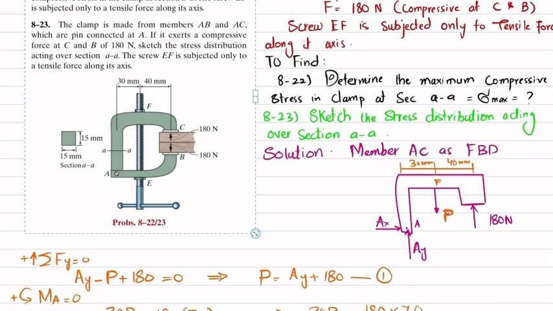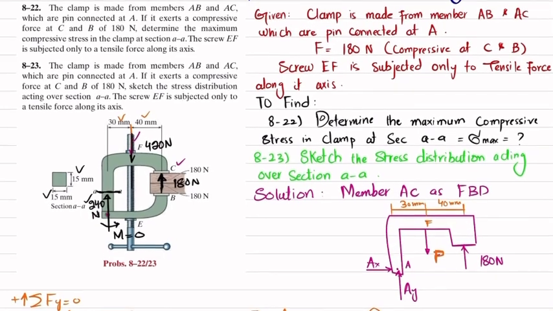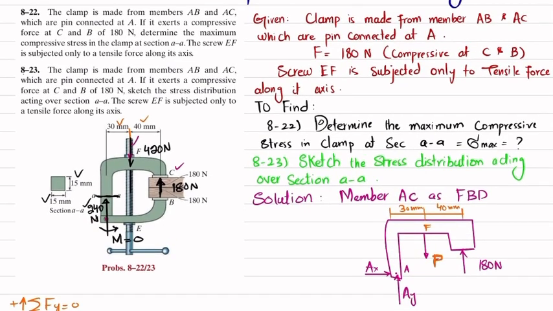Clear? So again, in our problem 8-23, the statement is the same, but it is given that we should sketch the stress distribution acting over section AA. So this is section AA. Clear? The stress is compressive, so the stress distribution over this surface will be this one.